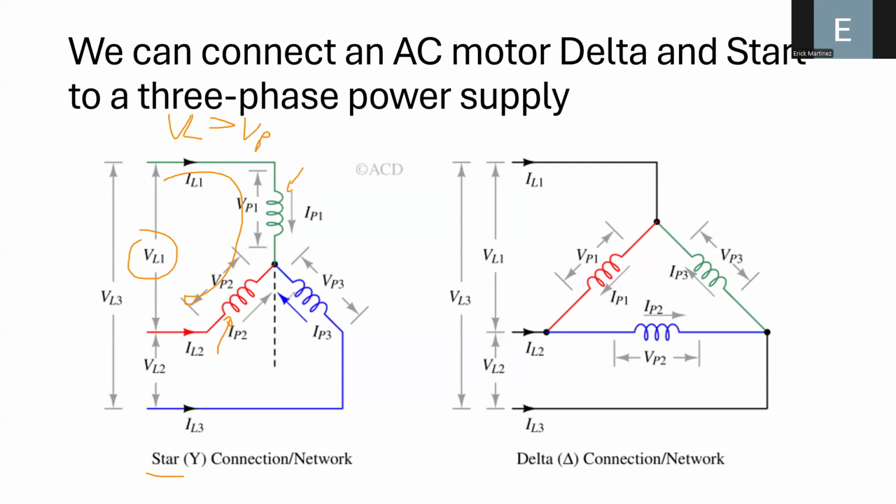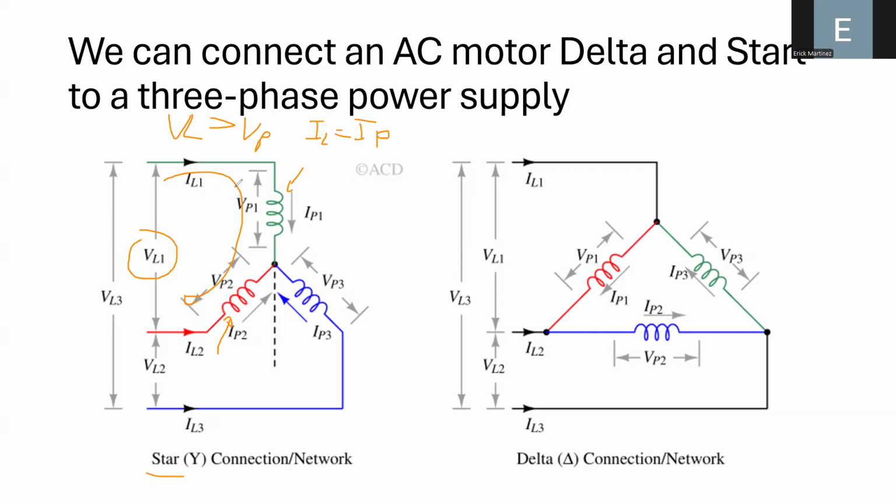But also you can observe the line current, the current provided by the power supply. In this case, the line current is equal to the phase current.